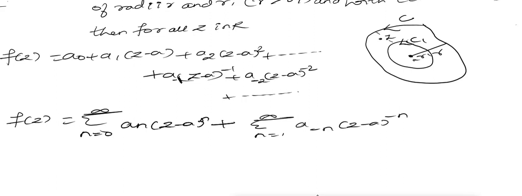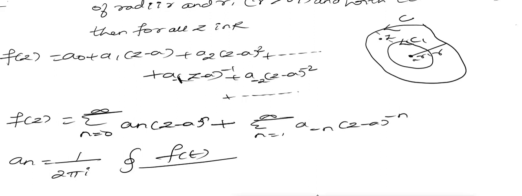Here, if you get only positive terms as a solution, then in that case the Laurent series is also called a Taylor series. If you get a combination of both positive terms and negative terms, then this is an expansion of Laurent series. And an is defined as 1 by 2 pi i, closed contour integral of f of t divided by (t minus a) whole to the power n plus 1, into dt.